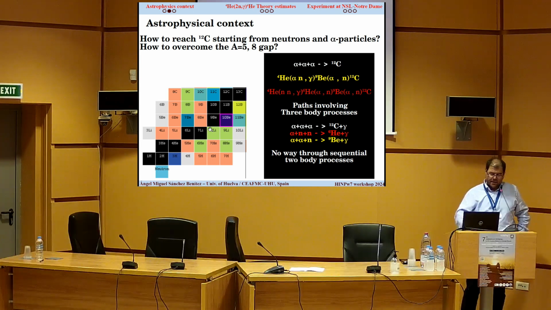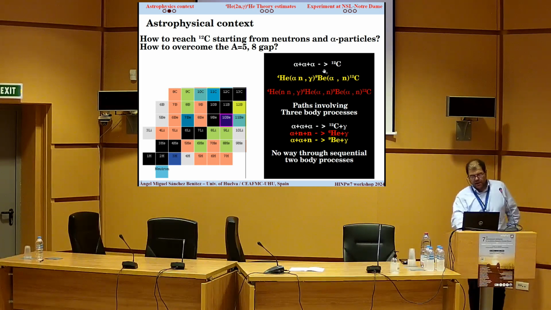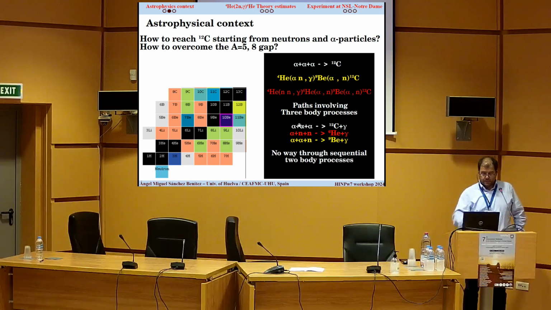This is the low mass region of the chart of nuclei, and we can reach carbon-12 via three paths, all of which involve a three-body nuclear reaction. We can get carbon-12 via the triple alpha reaction. We can also overcome the A equals 5 gap via this reaction, alpha plus N producing helium-6.